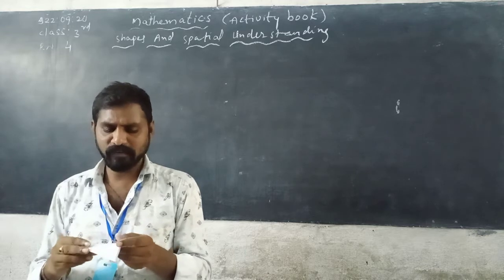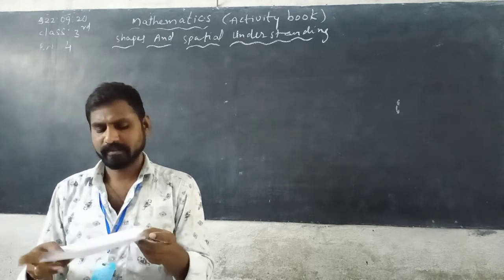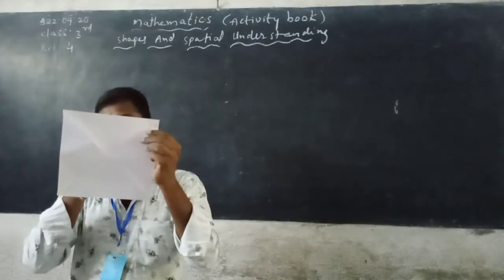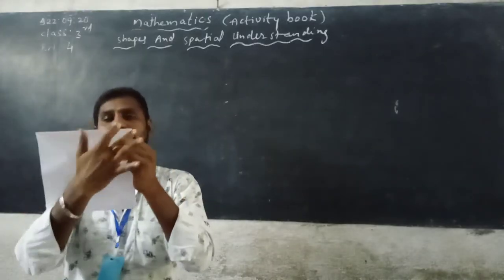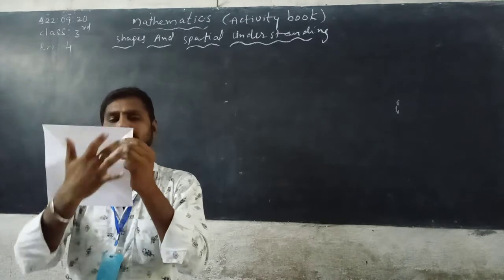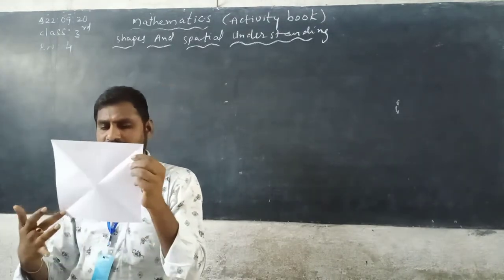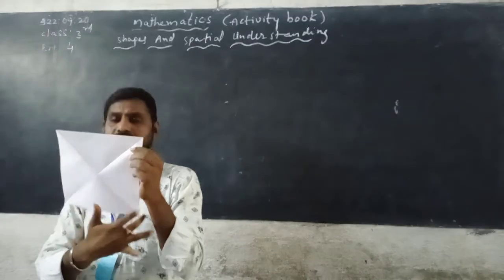Now you can open it. So you can see here 2 lines joining these corners. These are called diagonals. This is one diagonal and this is another diagonal.